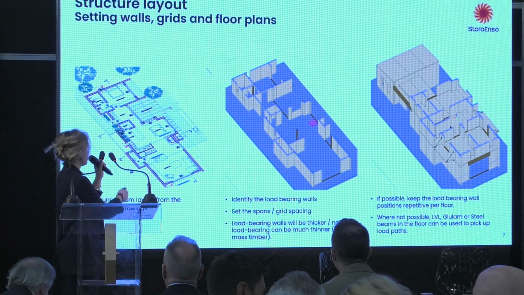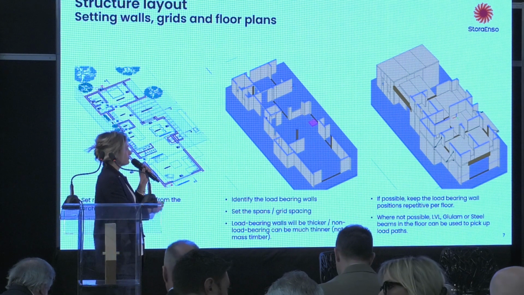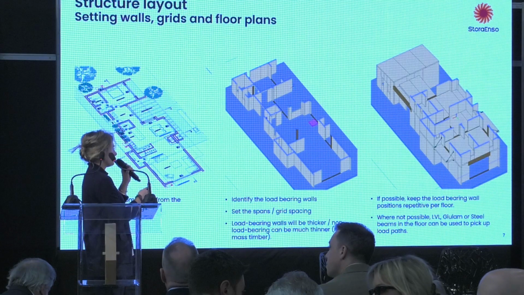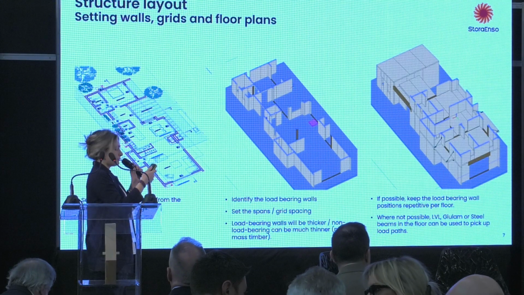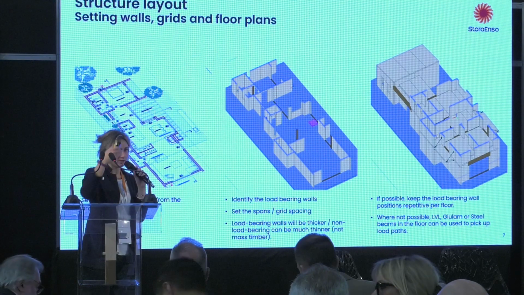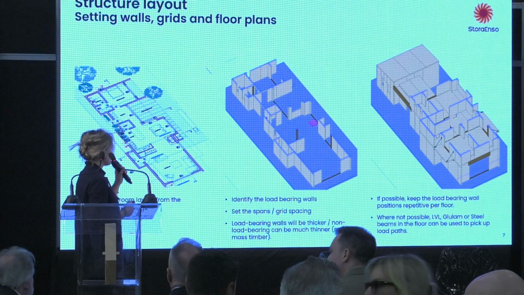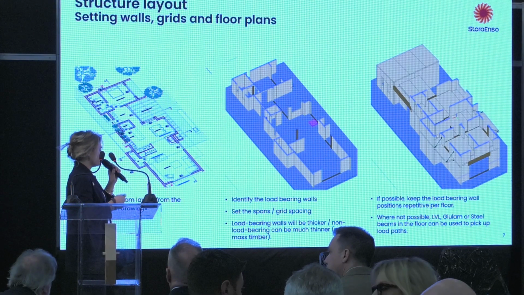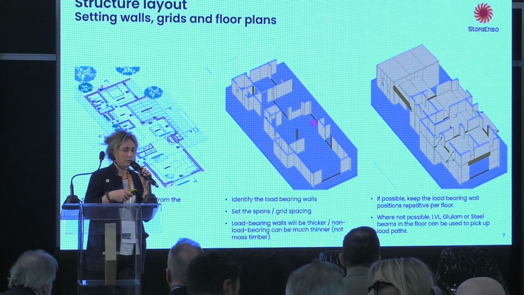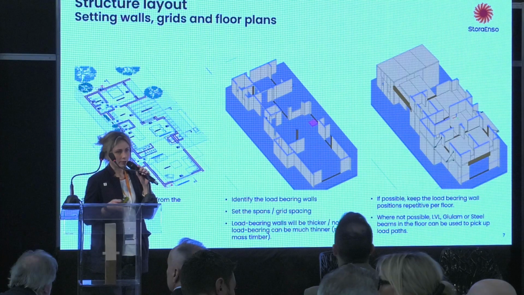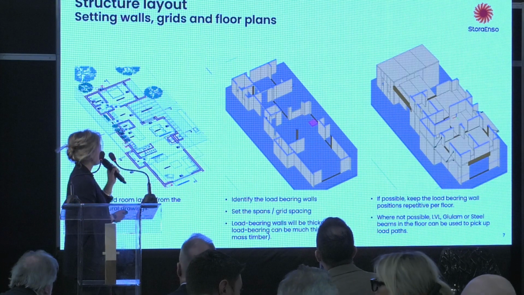In the plan, the load-bearing walls are located, and if possible, we should always keep the load-bearing wall positions repetitive per floor. So it means that you have a vertical load capacity. And of course, the load-bearing walls will be thicker, made of CLT. The non-load-bearing walls can be smaller and can be done even with platform frame or other material.